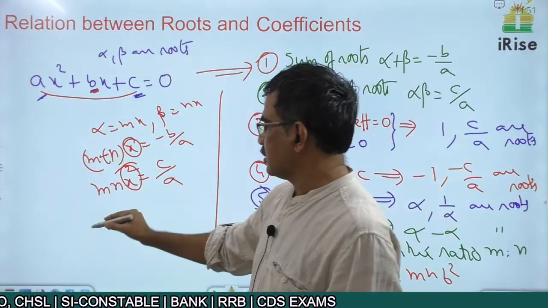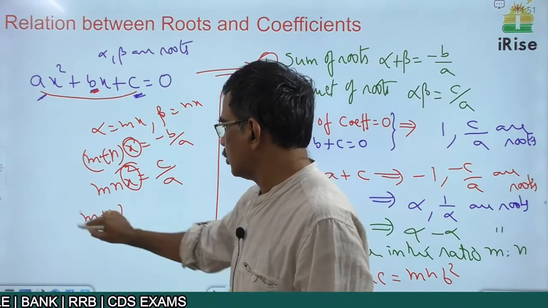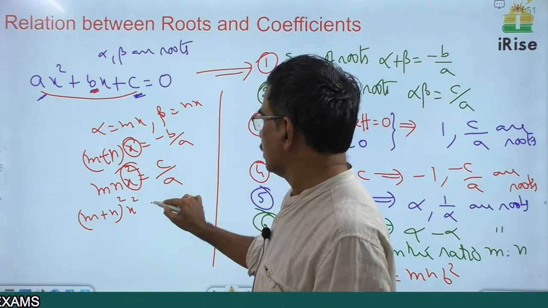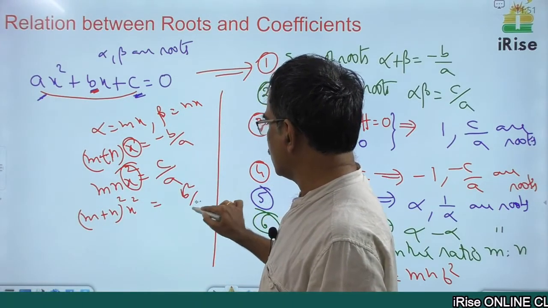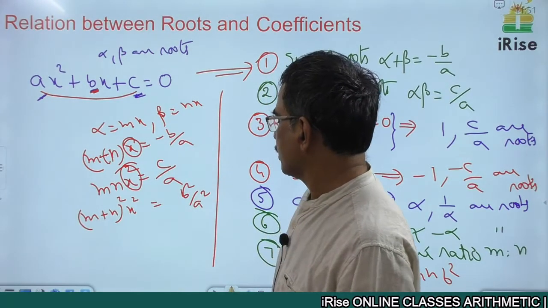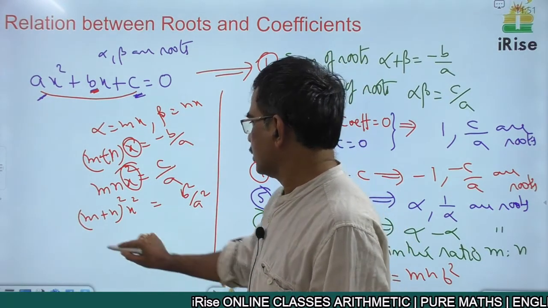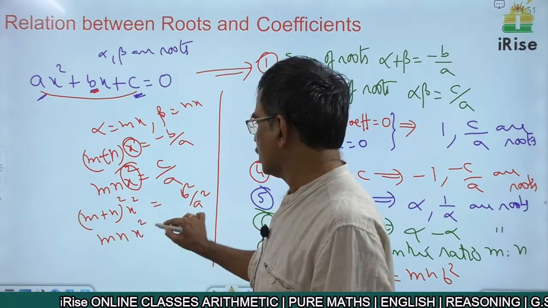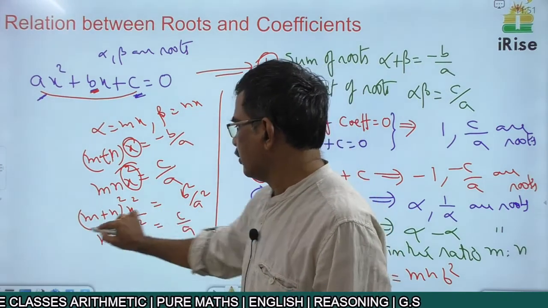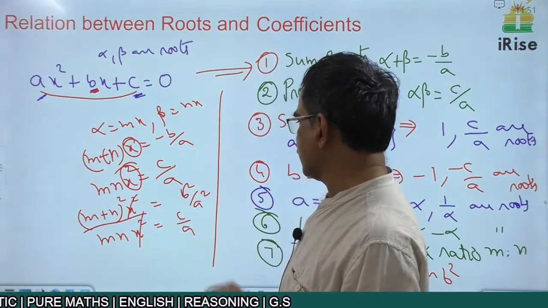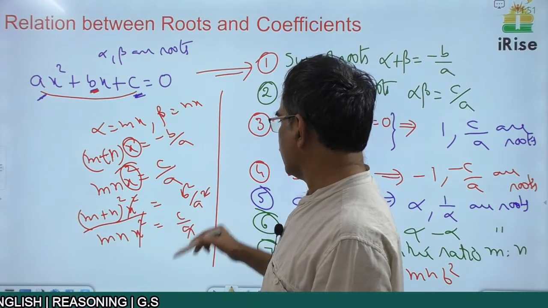Squaring this, (m plus n) whole square x square is equal to b square by a square. And mn x square is equal to c by a. Divide, we get x square cancel, and a also cancels.